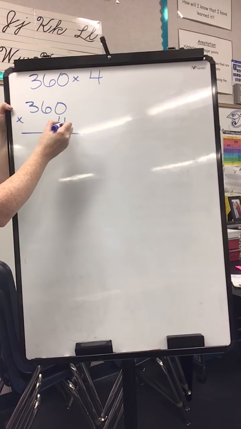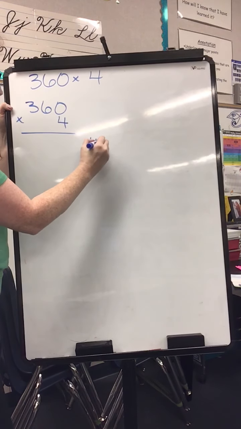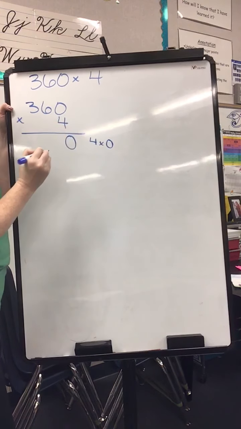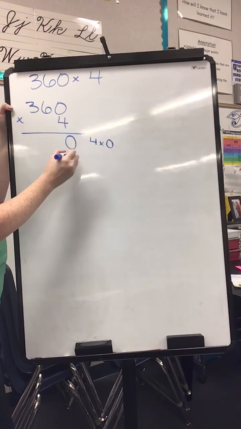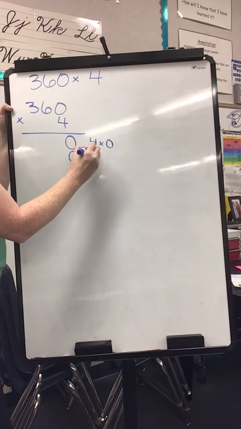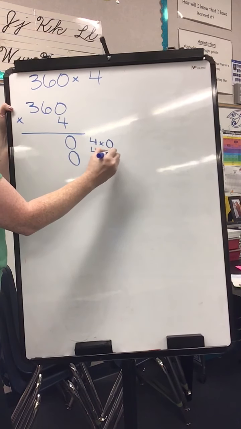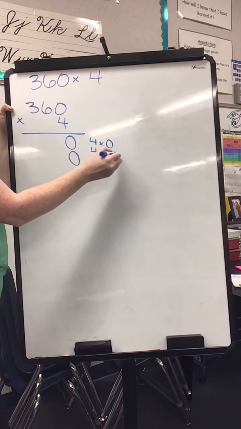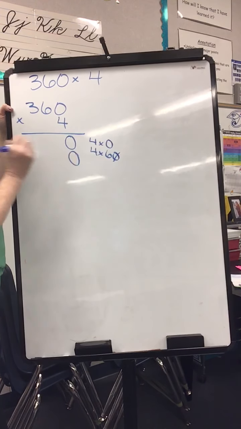Again, here we go. So I'm going to do 4 times 0, which is 0. Then I'm going to move over here, and down here, I don't need to use the ones place anymore. So then I have 4 times what is technically 60, but because I already have my 0 right here, I don't need it.